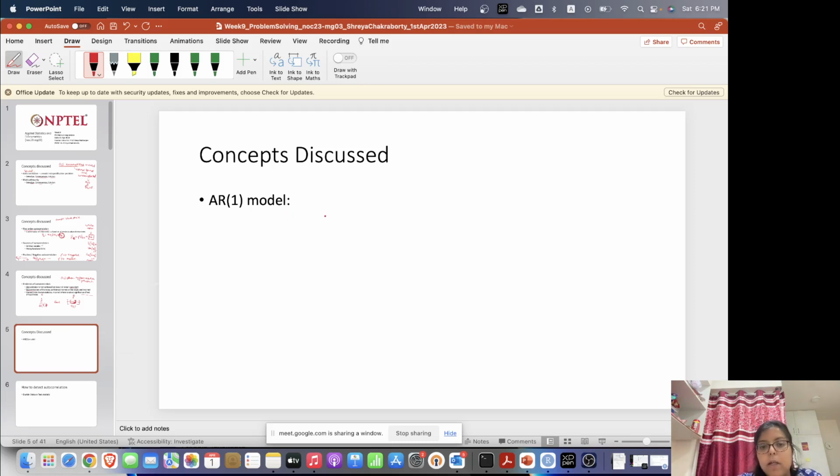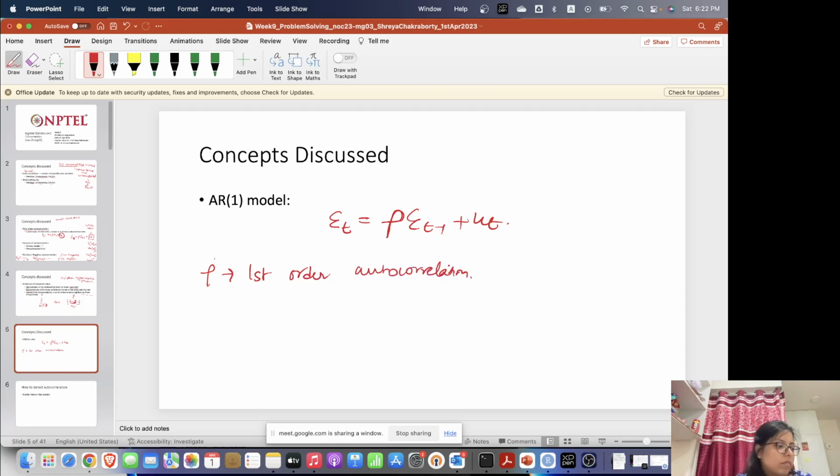The AR1 model will be something like this, and I'm discussing everything in the context of a regression equation: epsilon t equal to rho epsilon t minus 1 plus ut, where this rho is my first order autocorrelation.